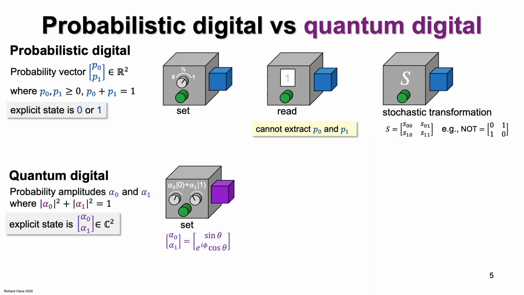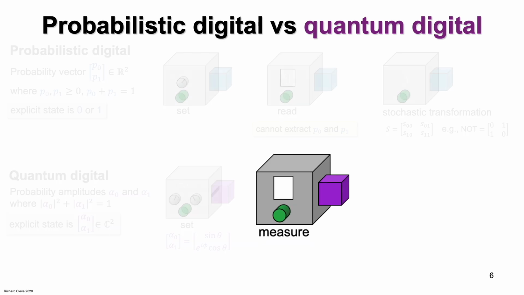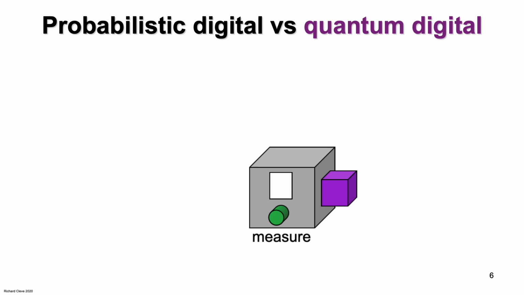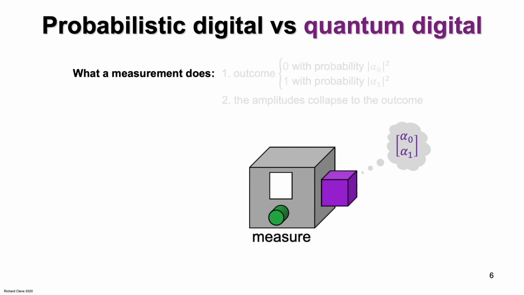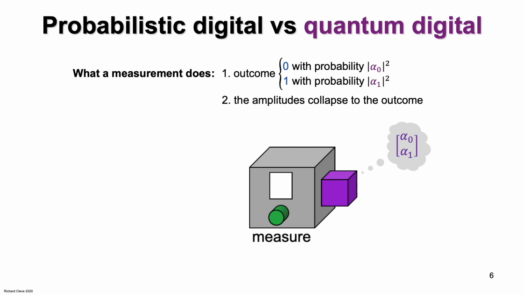Next, the quantum analog of the read device is called the measure device. We are going to consider this device carefully. Recall that the state of the qubit is described by an amplitude vector. We'll first describe in words what happens during a measurement. The outcome displayed on the screen is either a 0 or a 1, with respective probabilities the absolute value of alpha 0 squared and alpha 1 squared.